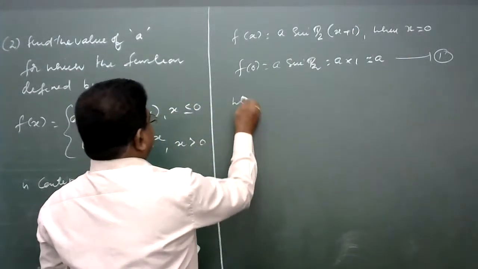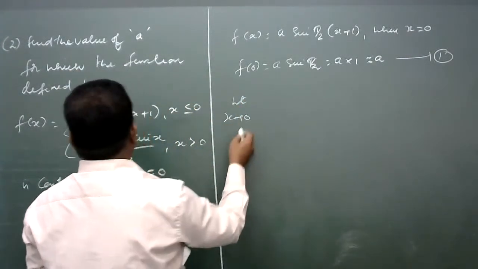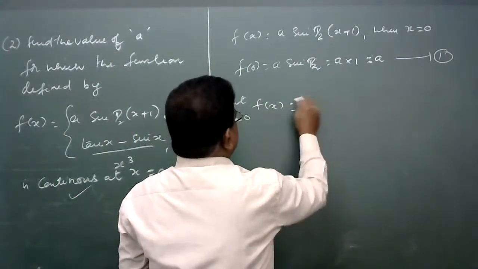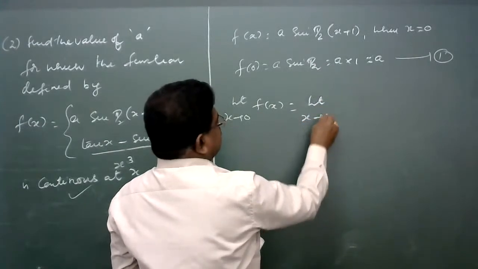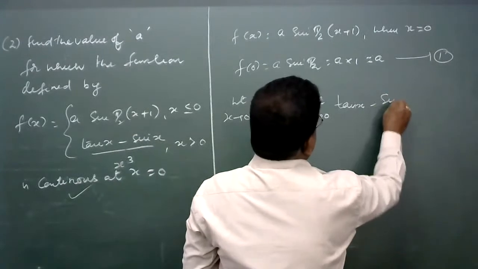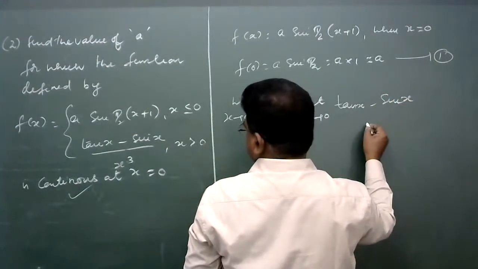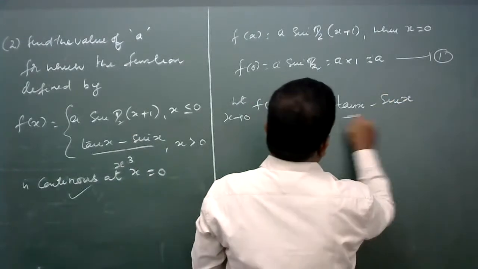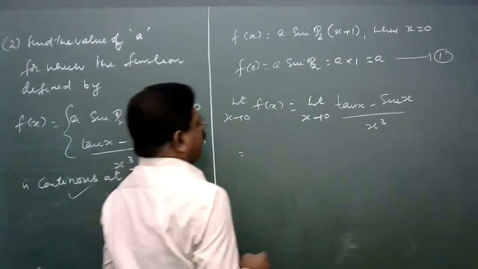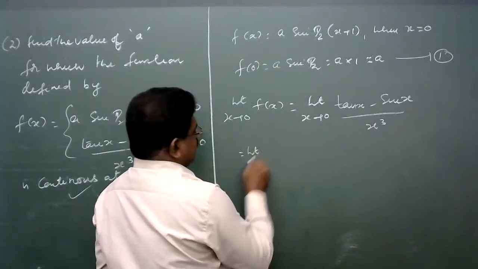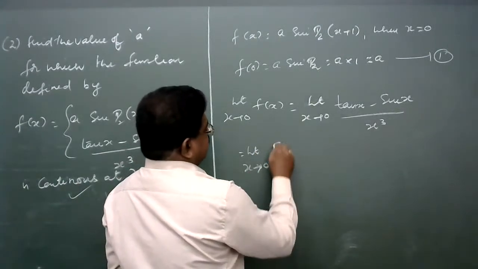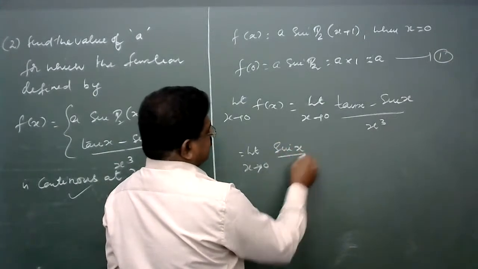Now let us come to the right limit. Limit x tends to 0 of f of x is equal to limit x tends to 0 of tan x minus sin x upon x to the power 3. Now this is equal to limit x tends to 0. We all studied that tan x is sin x upon cos x.